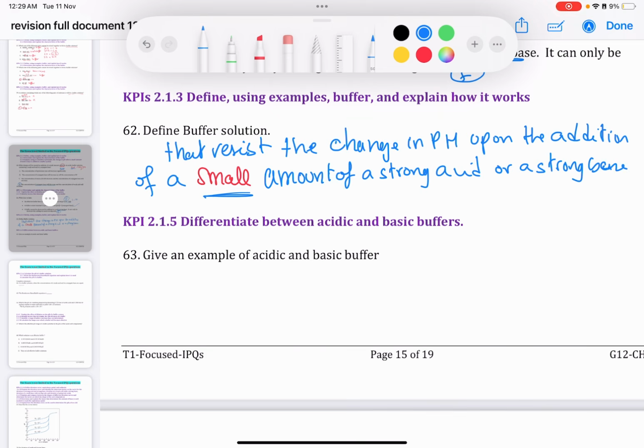Why small? Because if you add a large amount of a strong acid or a strong base, you are going to destroy that buffer.